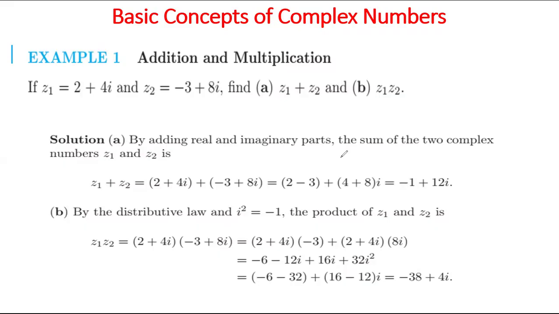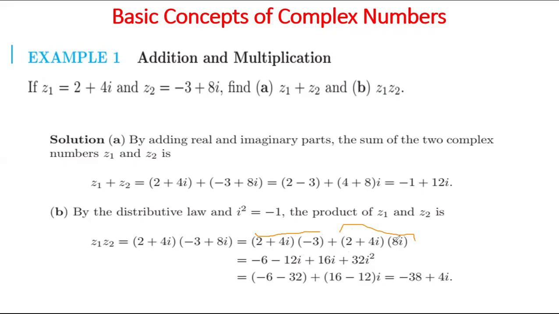Hopefully there is no question in your mind about how it would be represented in this form. So we multiply with each and every individual term. You can see that -3 multiplied with 2, and -3 multiplied with 4 iota, gives us -6 and -12 iota, as well as 4 plus 2 plus 4 iota into 8 iota.